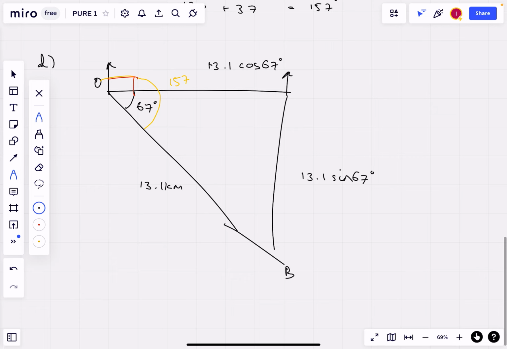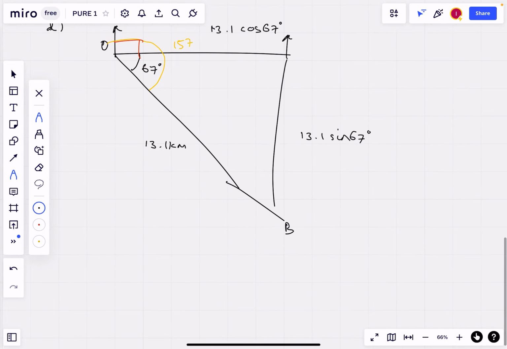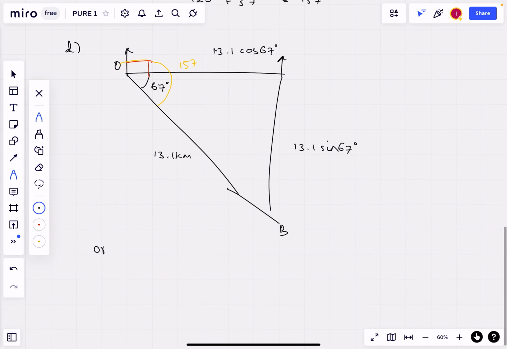So that means OB is 13.1 cos 67 degrees i minus 13.1 sine 67 degrees j. So 5.1i minus 12.1j.